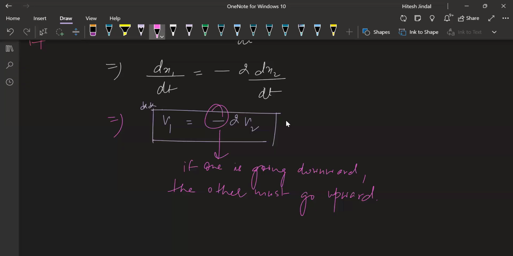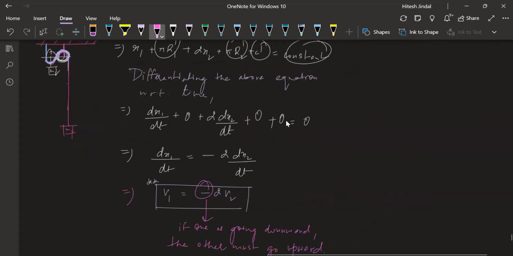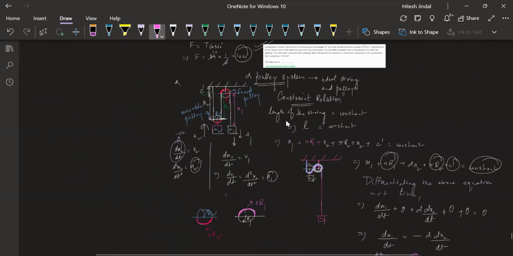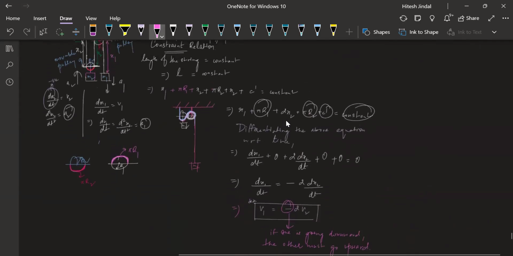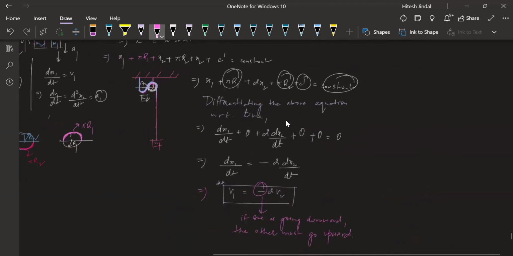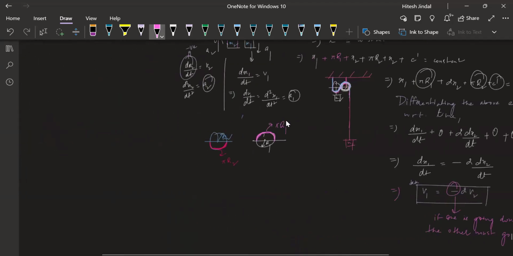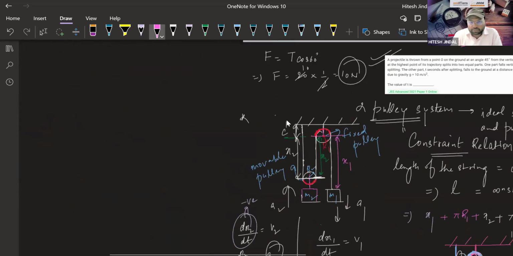So you can show the equation. What is the last term in the equation you have written? Last term C dash. C dash is this length, this last remaining length.